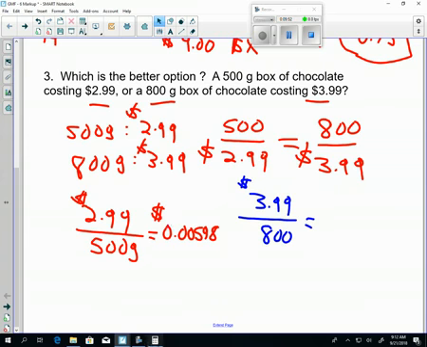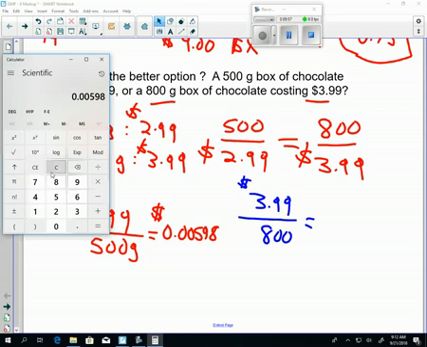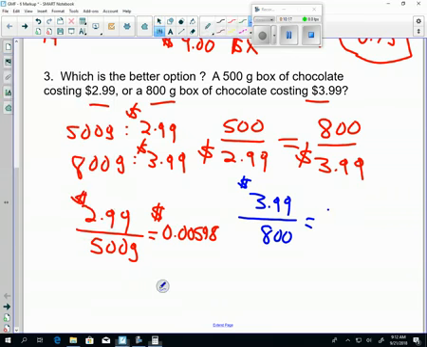Any guesses which one's going to be cheaper? 500. Okay, let's see. 0.00498. So which is less, 4 or 5?